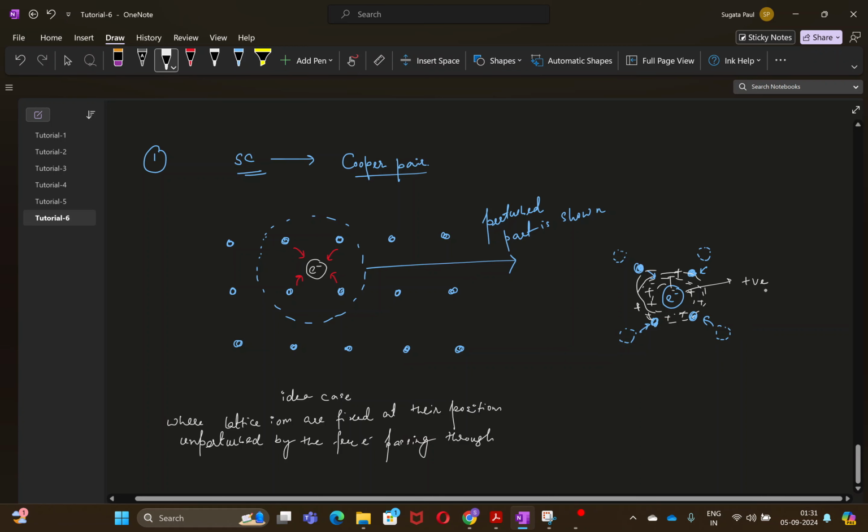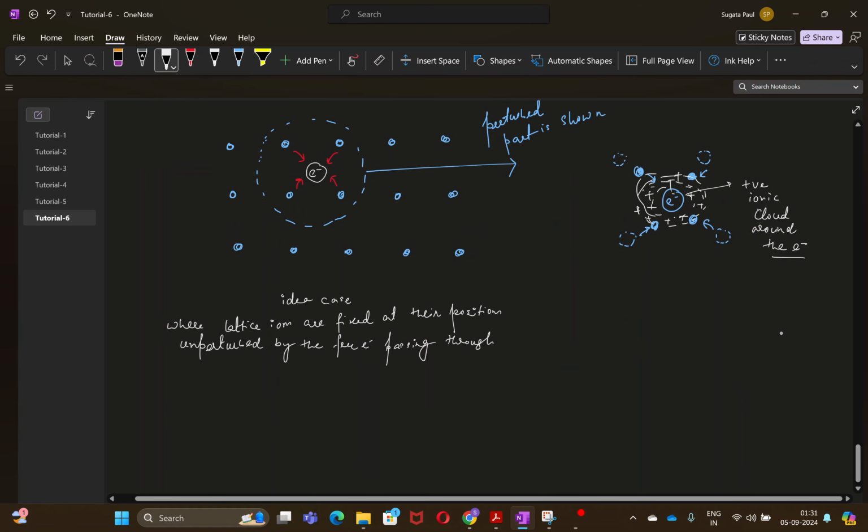So it is a positive ionic cloud around the electron, which matters when a second electron comes through.